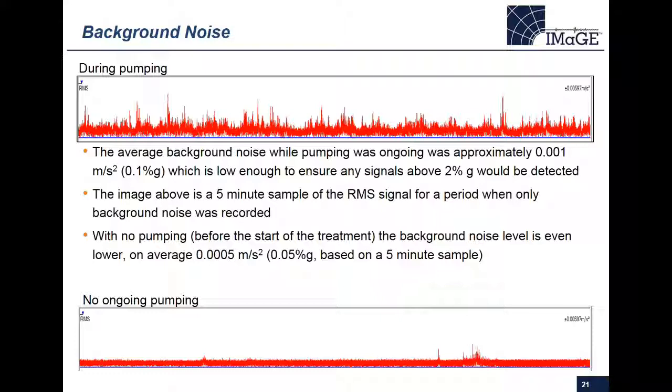But in both cases, the average background noise was only 0.1% G during pumping, or 0.05% G before pumping. So in both cases, it's much less than the threshold of 2% G. So it gives us good knowledge that we would have detected any event had there been anything above 2% G, and nothing would be missed.